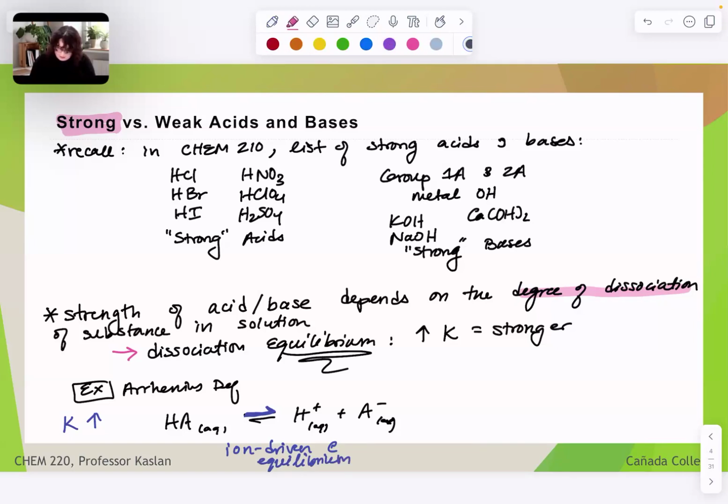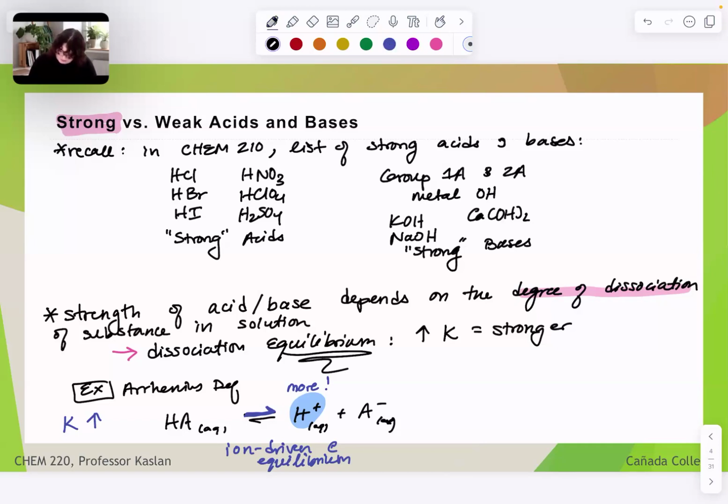At equilibrium, which means that the relative concentration of H plus is going to be large. Hence why we call it a strong acid in this case. So there's more H plus present, better degree of dissociation, larger equilibrium constant for the dissociation equilibrium makes us strong.